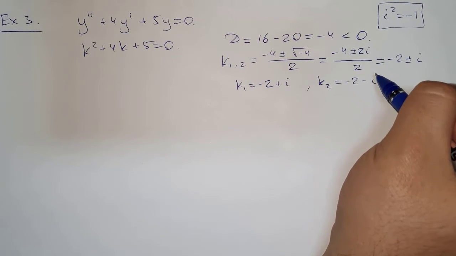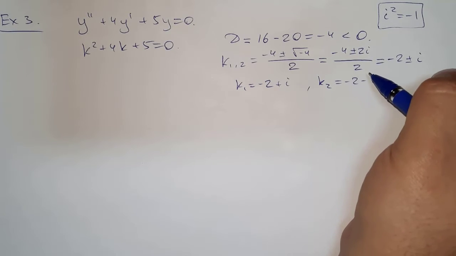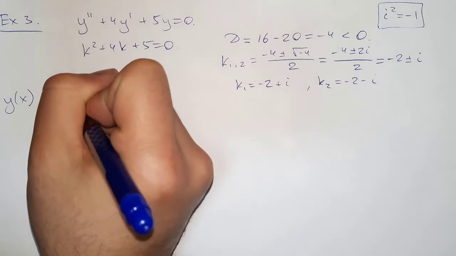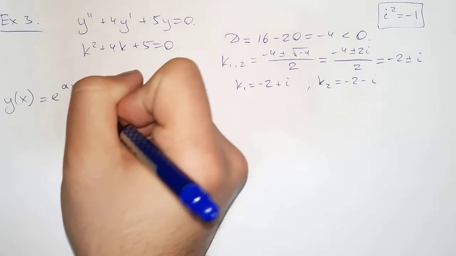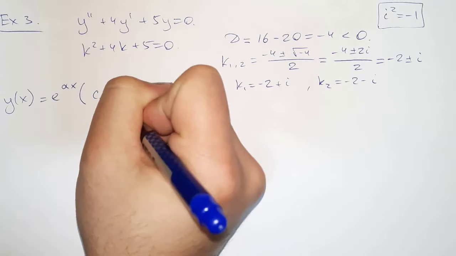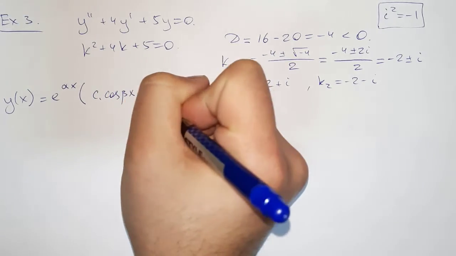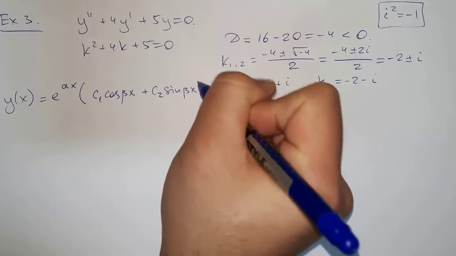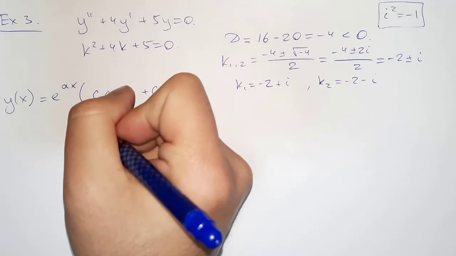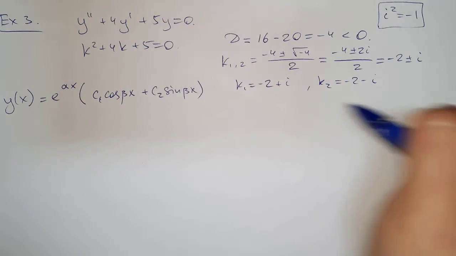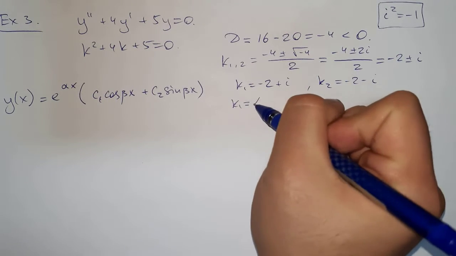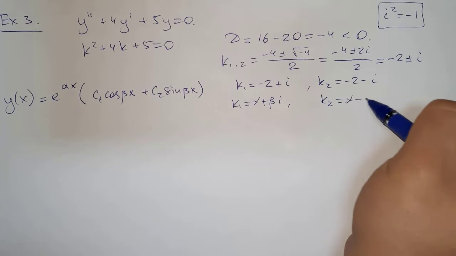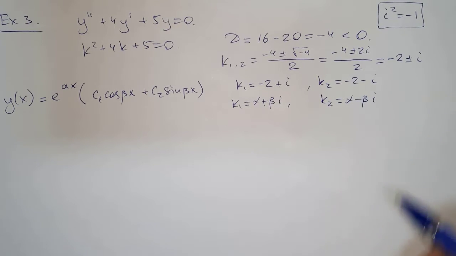In this case, the general solution is y of x is e to the power of alpha x times (c1 cosine beta x plus c2 sine beta x). Here alpha and beta come from k1 in the form alpha plus beta i, and k2 is alpha minus beta i.